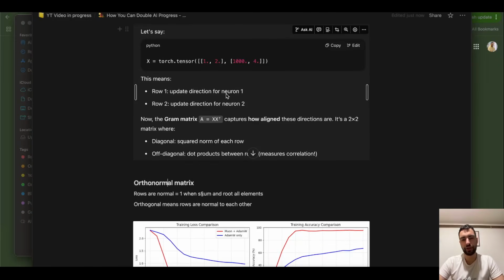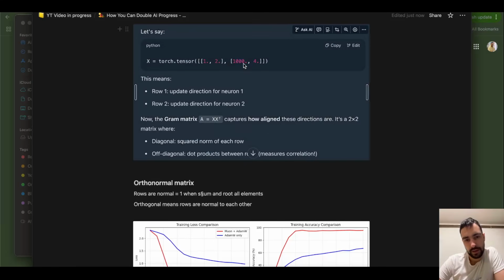I'm also trying to understand Muon, but the way I understand it is we just want to make this matrix orthonormal, so it's not stretched in one direction and doesn't have these exploding numbers.